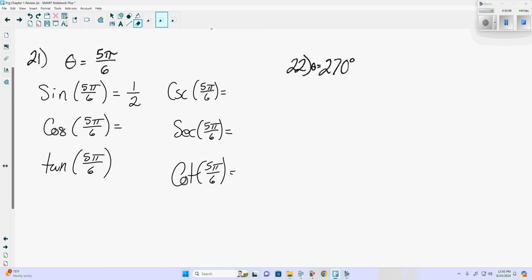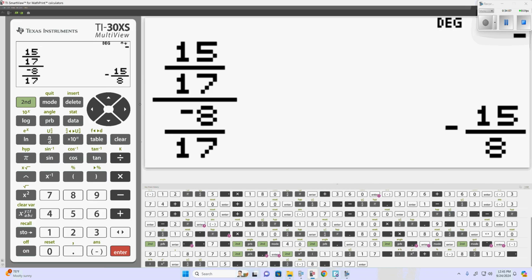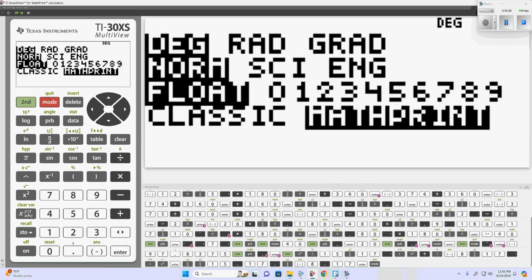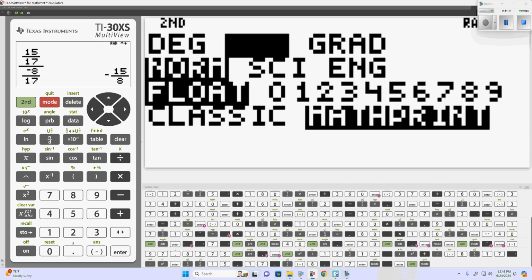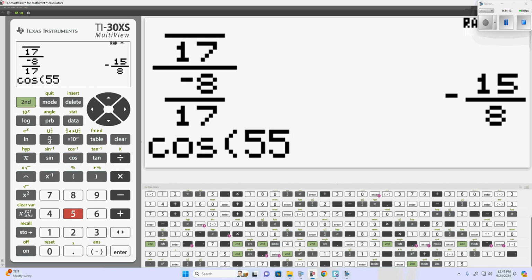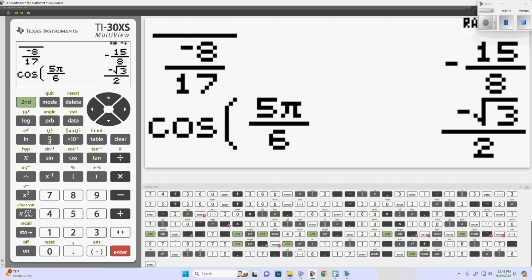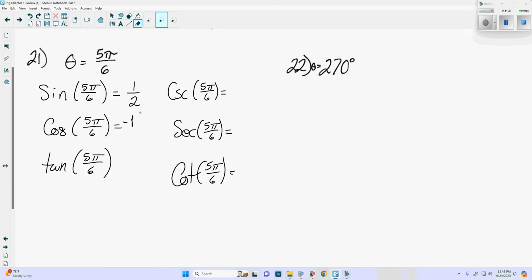If we looked at the unit circle, the y value would be positive 1/2, because we're in the second quadrant, so sine is positive. Cosine of 5 pi over 6 is negative square root 3 over 2.